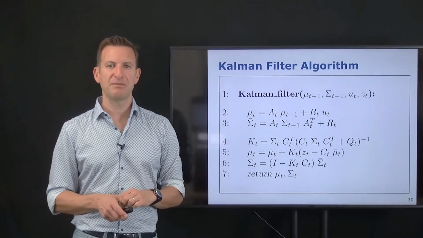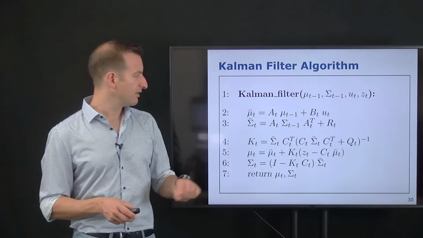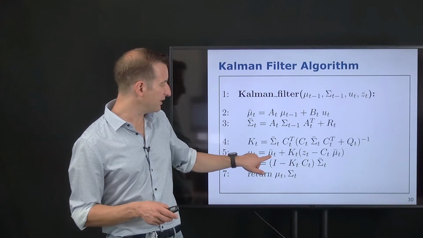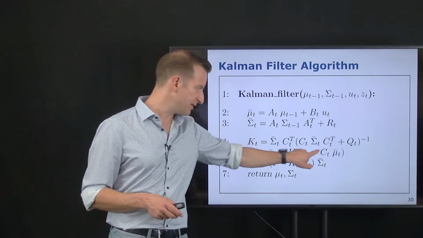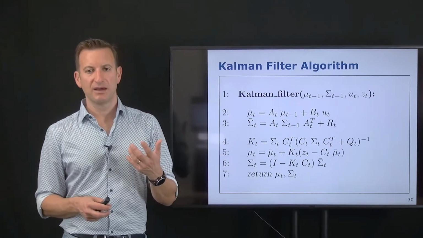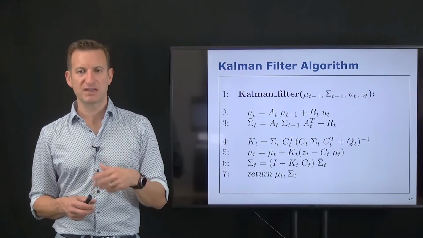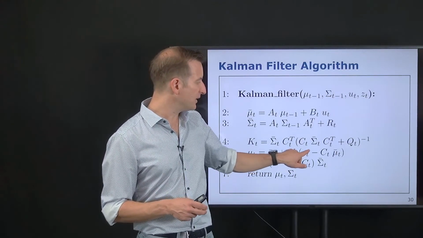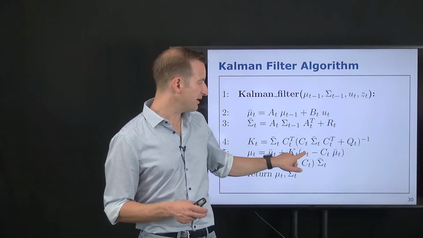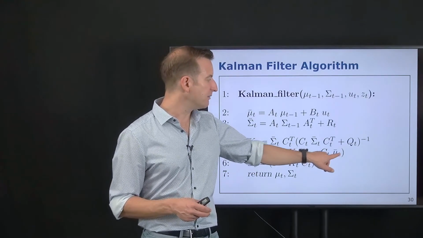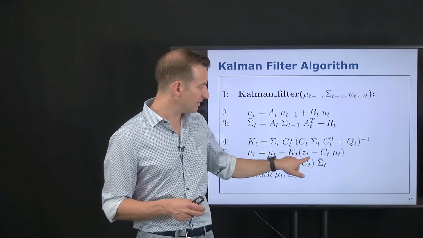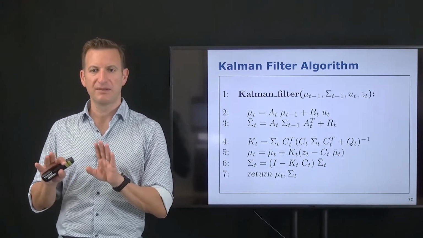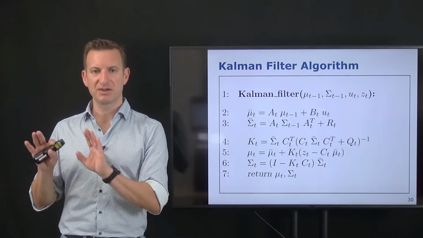And what happens in the end is that my new belief is the predicted mean plus a correction term, and this correction term tells me how much the observation actually changes my state. We compute the difference between the actual observation that I've obtained and the predicted observation.